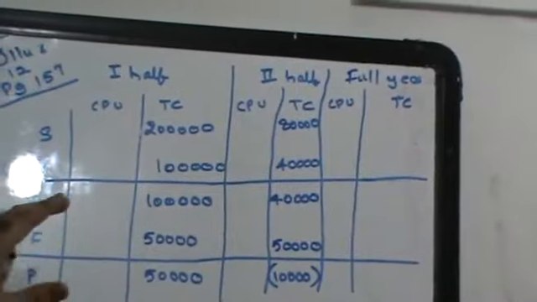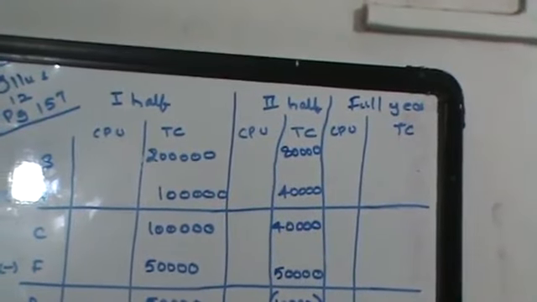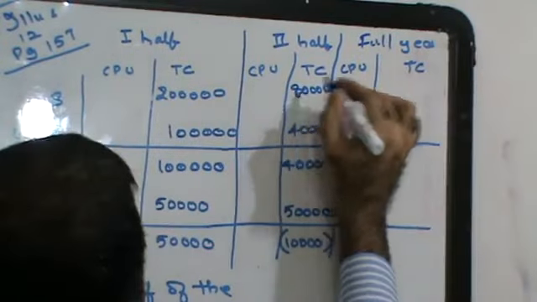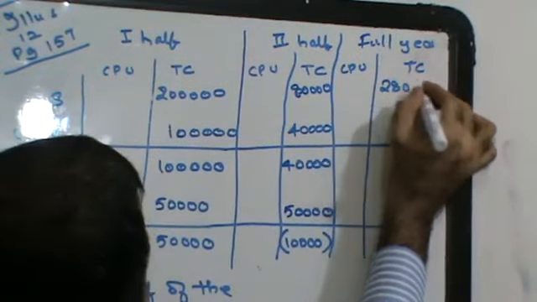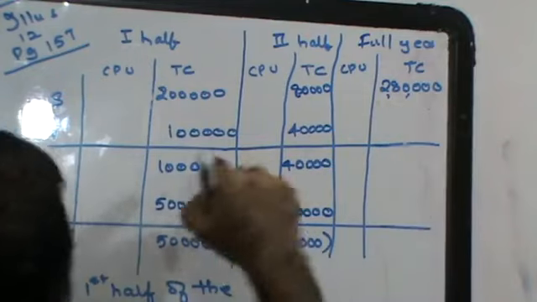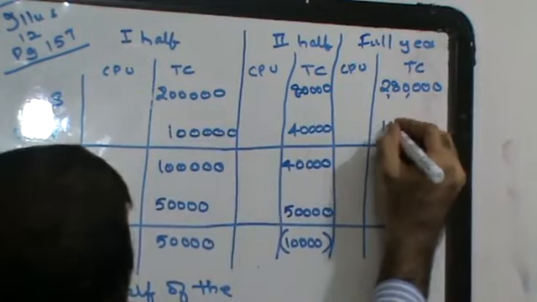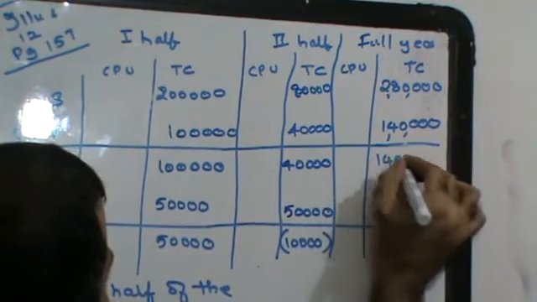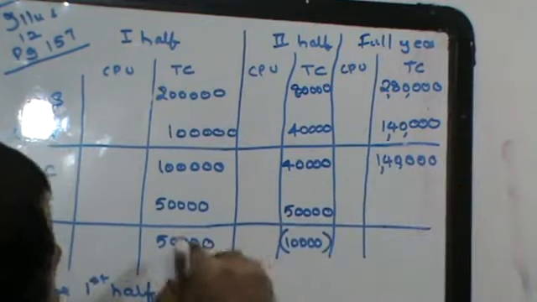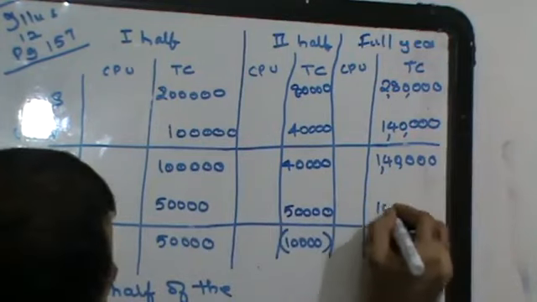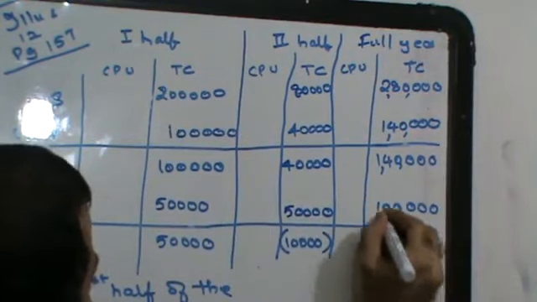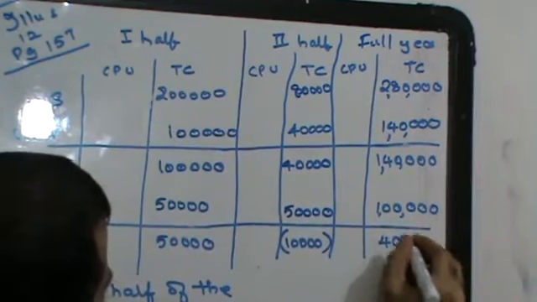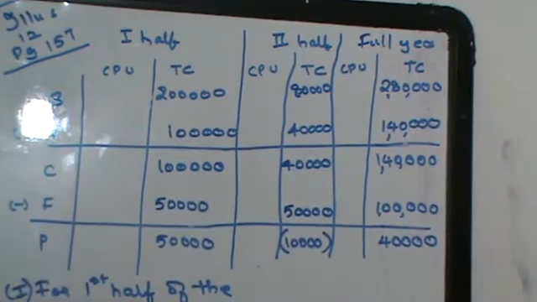Now, first half plus second half will give you full year, guys. 2 lakhs plus 80,000 will give you the total sales for the whole year, 2,80,000. 1 lakh plus 40,000, 1 lakh 40,000. 50,000 plus 50,000, 1 lakh. 50,000 minus 10,000, 40,000. So this is going to be my table for the whole year.